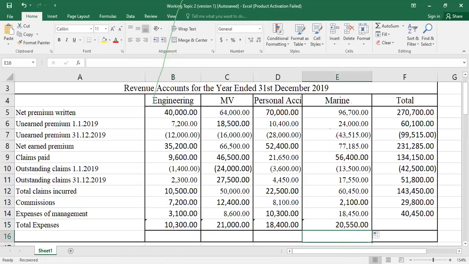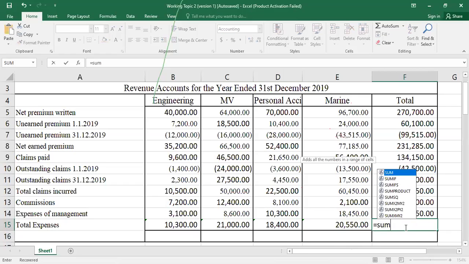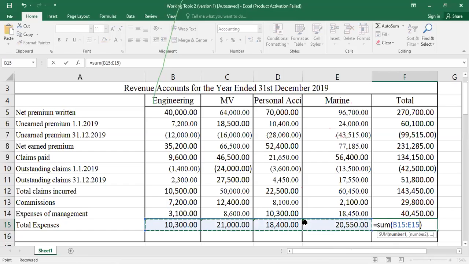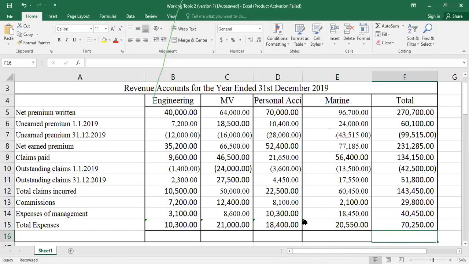There we are, right? So our total will be the sum of the total expenses. Just make use of the formula. So our sum is 70,250. Is it?